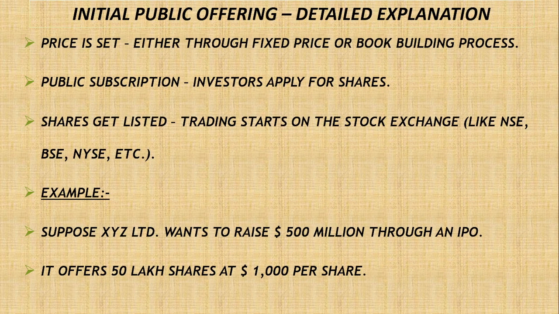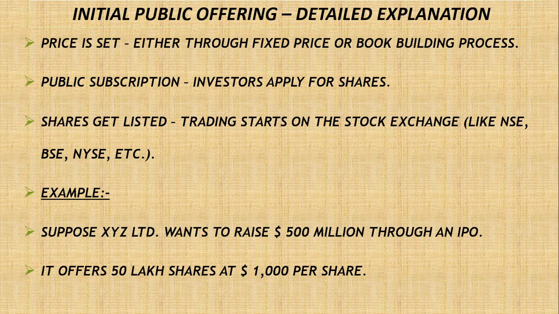Price is set either through fixed price or book building process. Public subscription: investors apply for shares. Shares get listed. Trading starts on the various stock exchanges around the world.